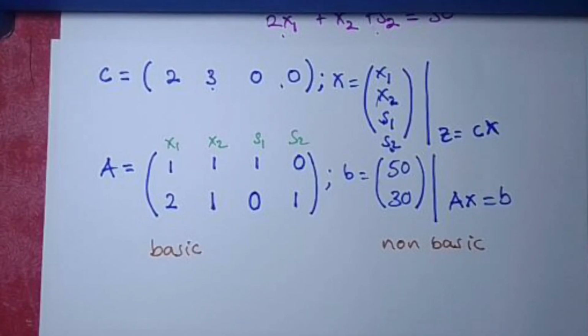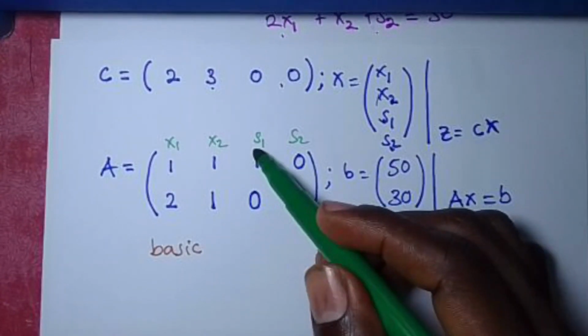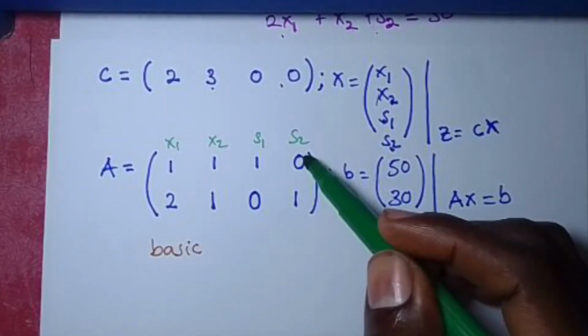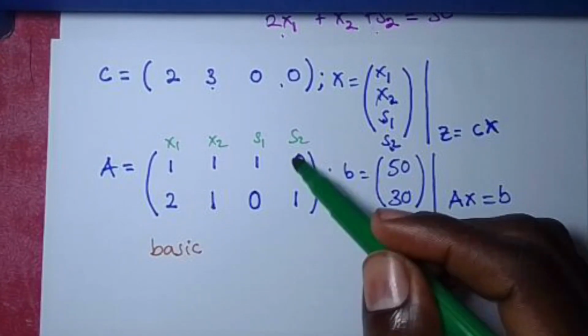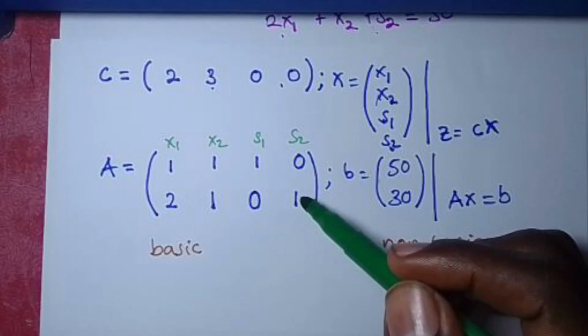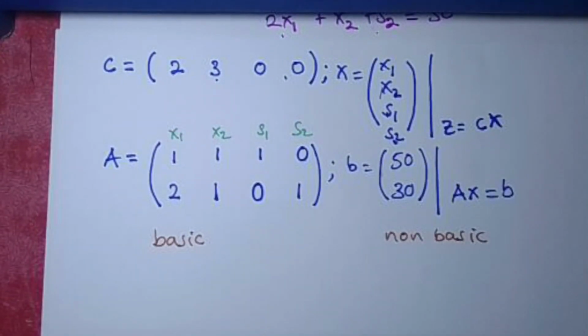We know basic variables are those variables with a 1 and the rest in their sets are zeros. For example, from this set here, you can clearly see that the basic variables are s1 and s2 because they have a single one and the rest of the values in their column are zeros. So these two qualify to be the basics.